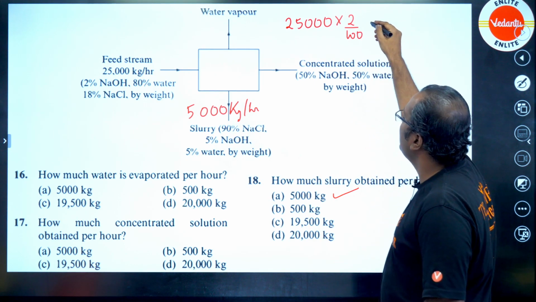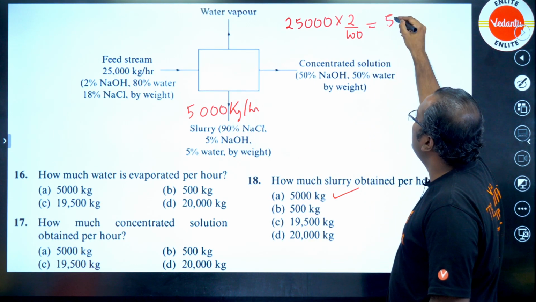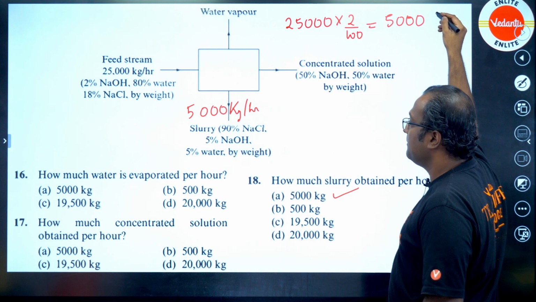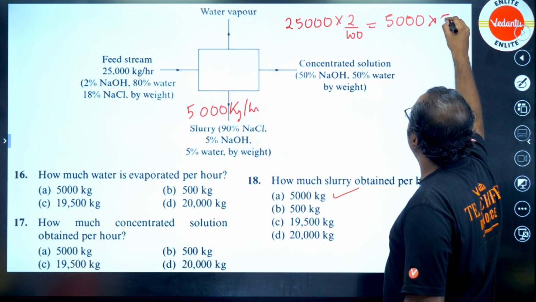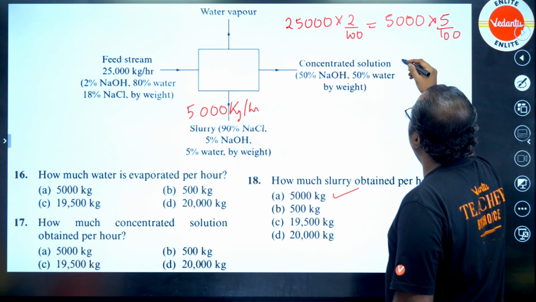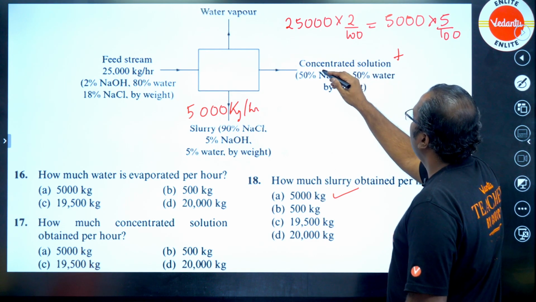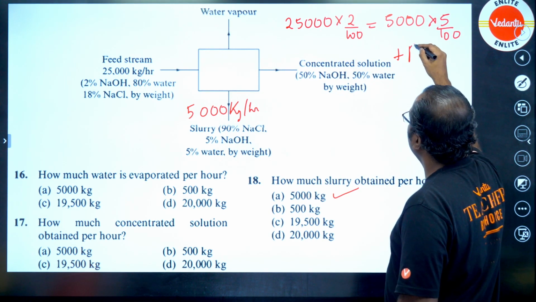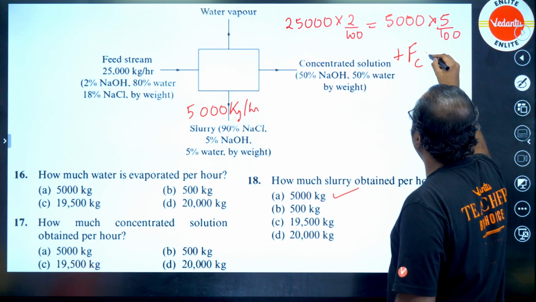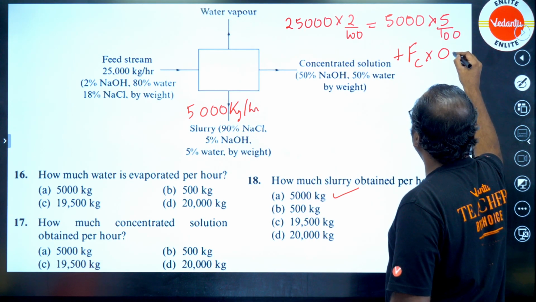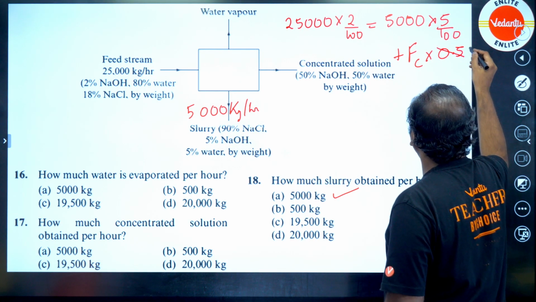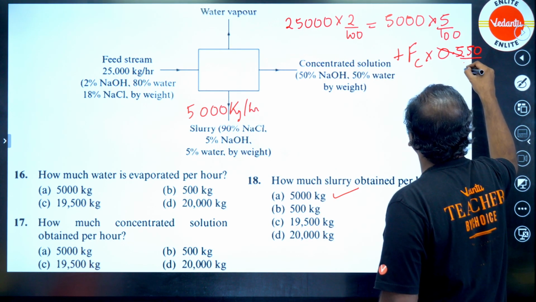This is your input NaOH. Output NaOH, some NaOH is going away in slurry, 5000 into 5% of this value, and some NaOH is going where? In your concentrated solution. So flow rate of concentrated solution into 50%. Let me not write it 0.5, let me write it 50 by 100.